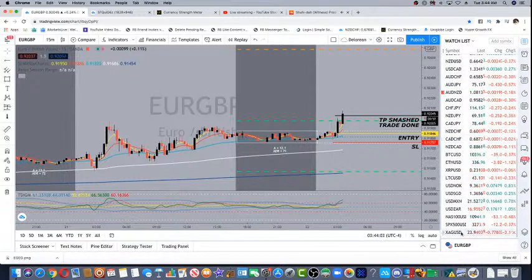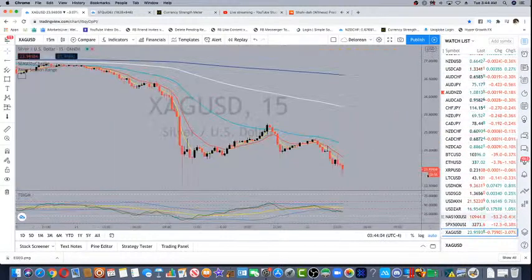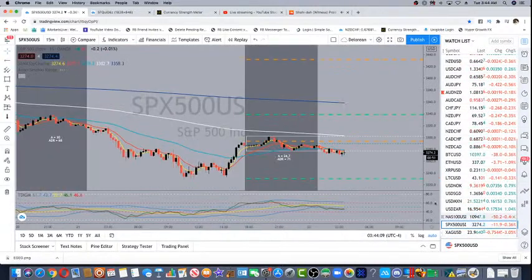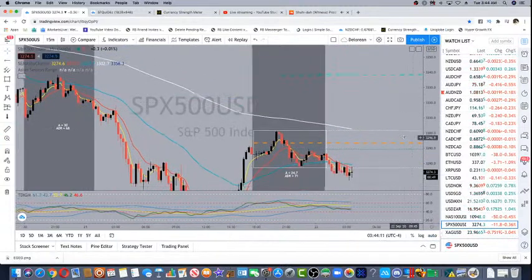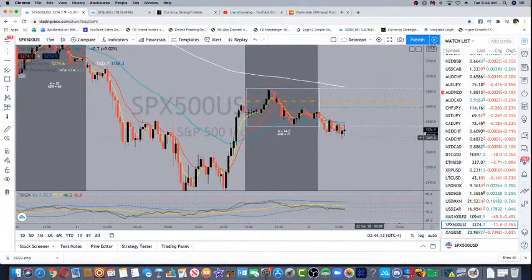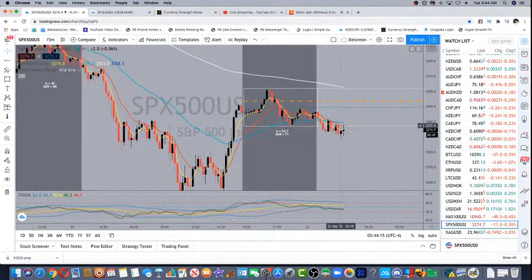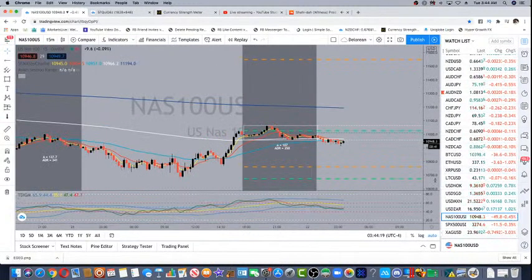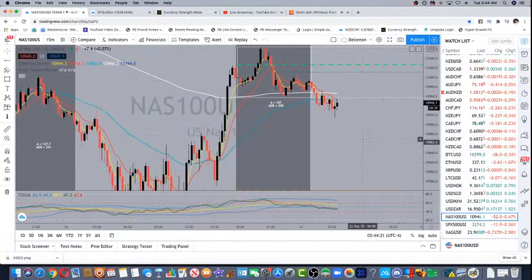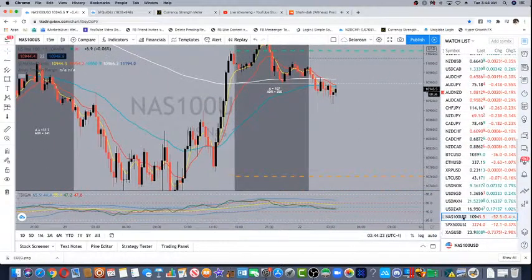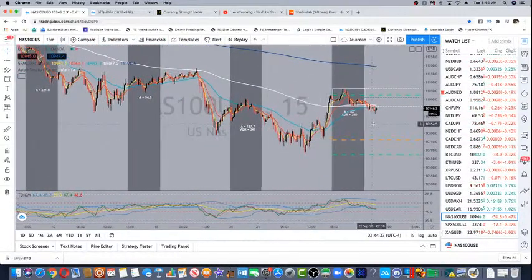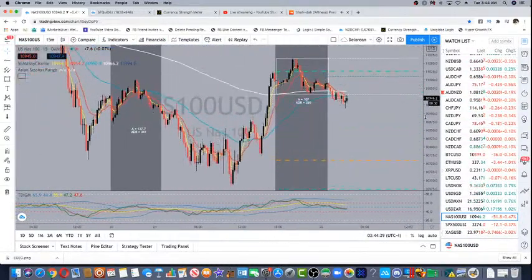Let's look at some of these. Zar look like it's trying to come down, so we can get a D-low on Zar.